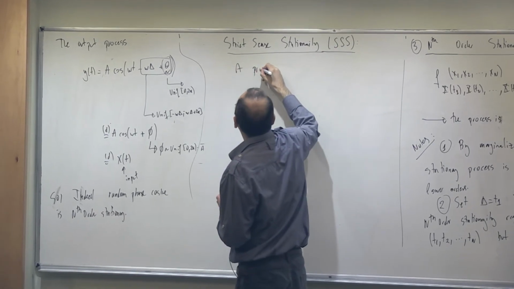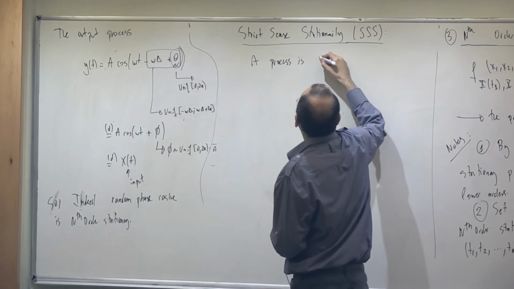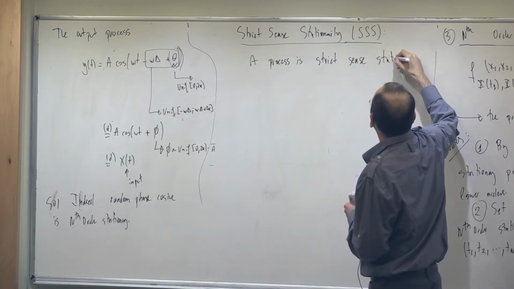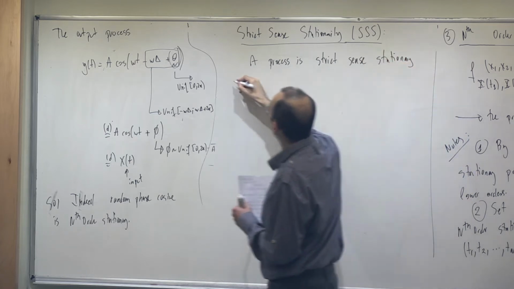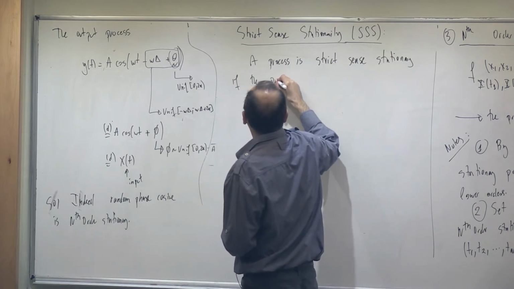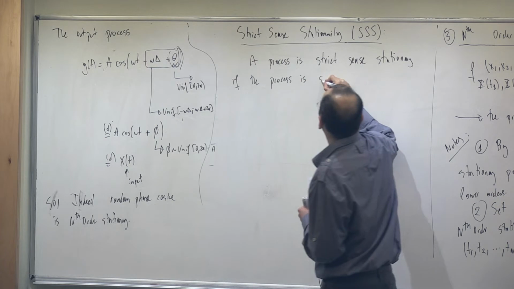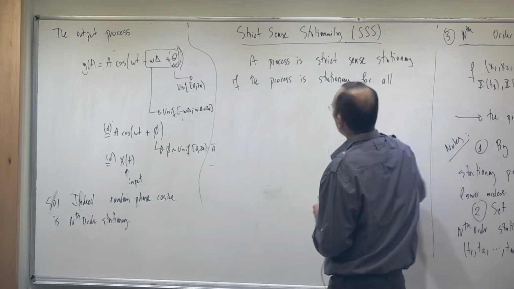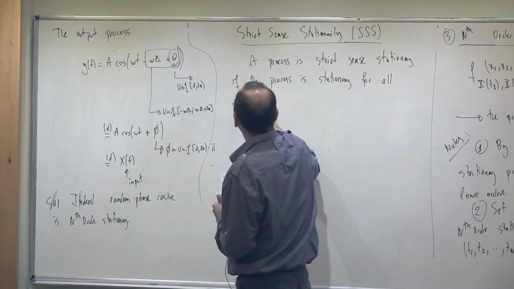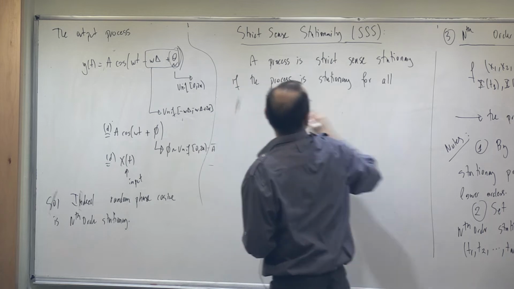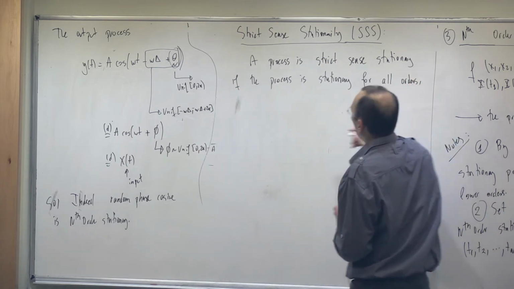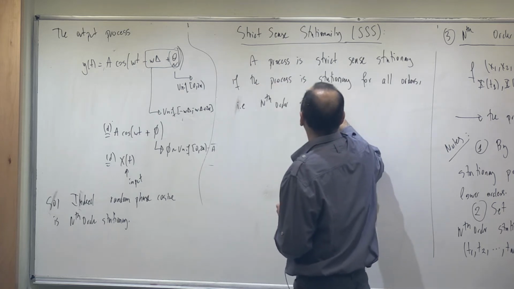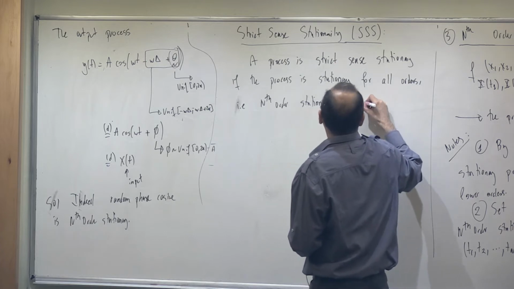A process is strict sense stationary if the process is stationary for all orders. Let me write it like this, i.e. nth order stationary for all n.